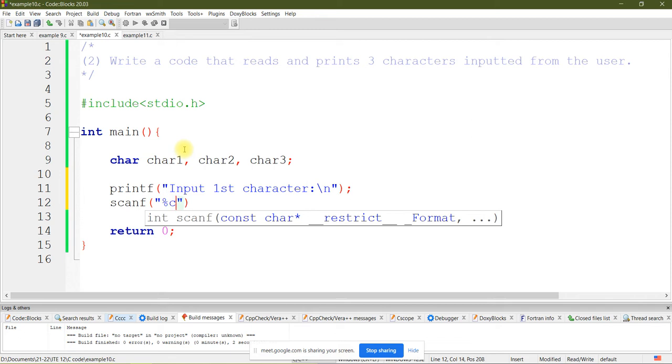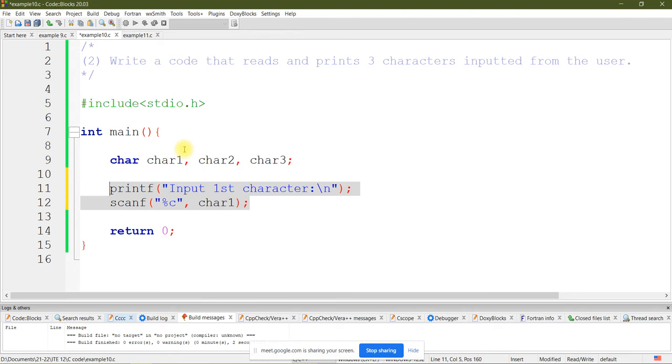Okay, percent C, very good. %c because this is a character. And then char1, and then. Okay, so I will just copy and paste this.